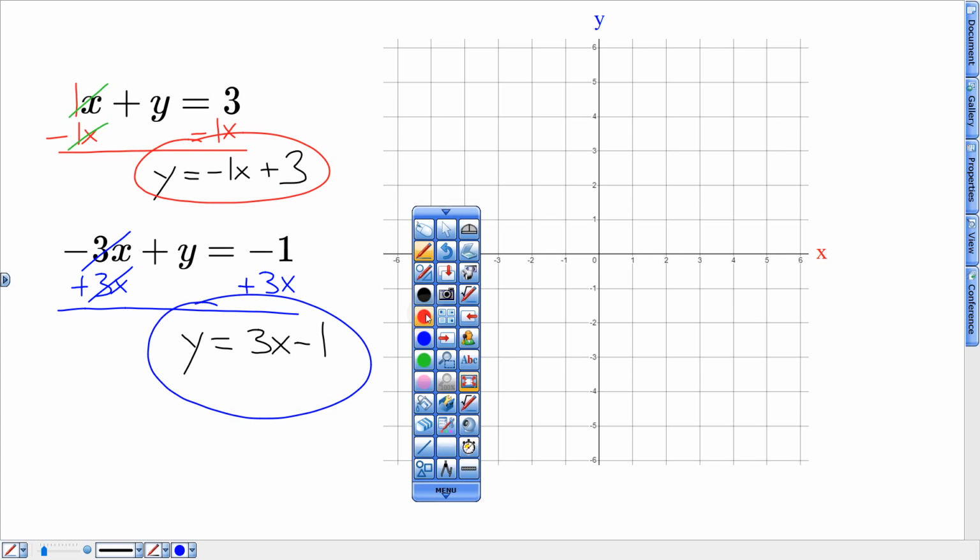So here you go. Graph that red one. Start at positive 3. And then that negative 1 tells me every time I go right 1, down 1, right 1, down 1, right 1, down 1. Stair step the opposite way. Draw your red line.